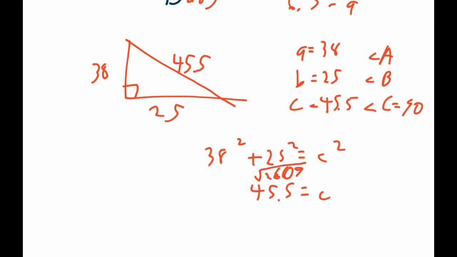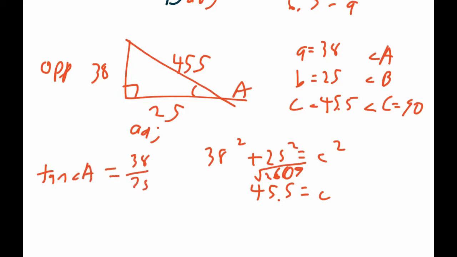Now, to find out what angle A is, since this was the opposite and this was the adjacent, I know that the tangent of angle A equals 38 over 25. So when we do inverse tan of 38 over 25, we get the answer of 56.7.